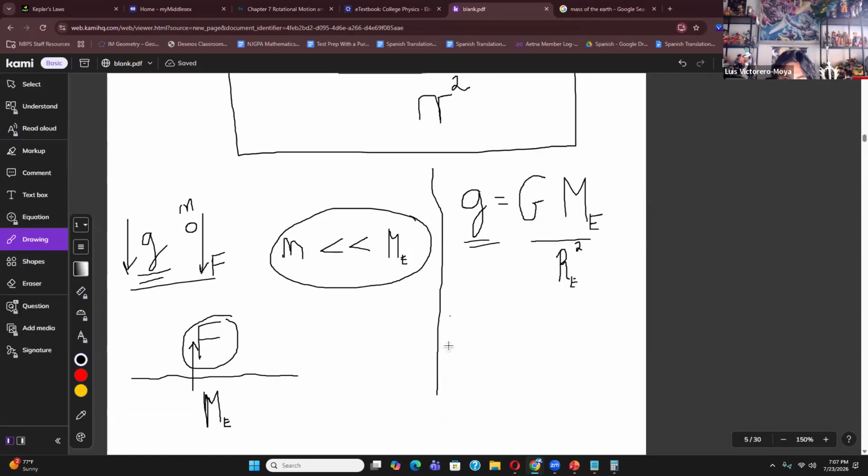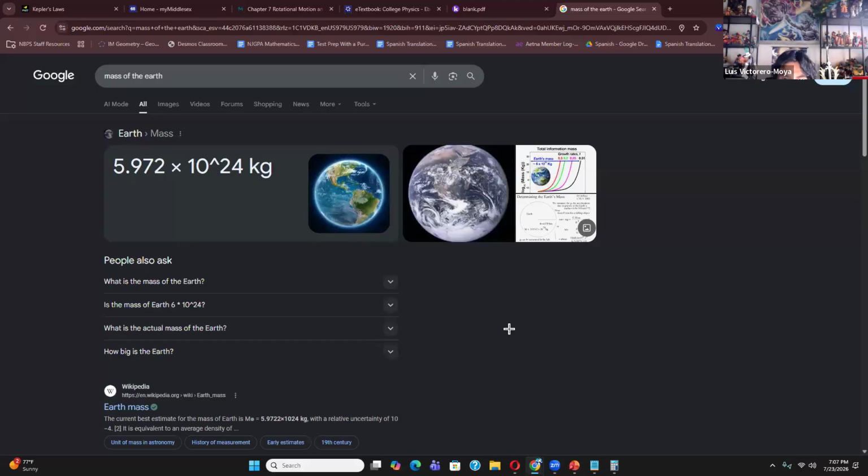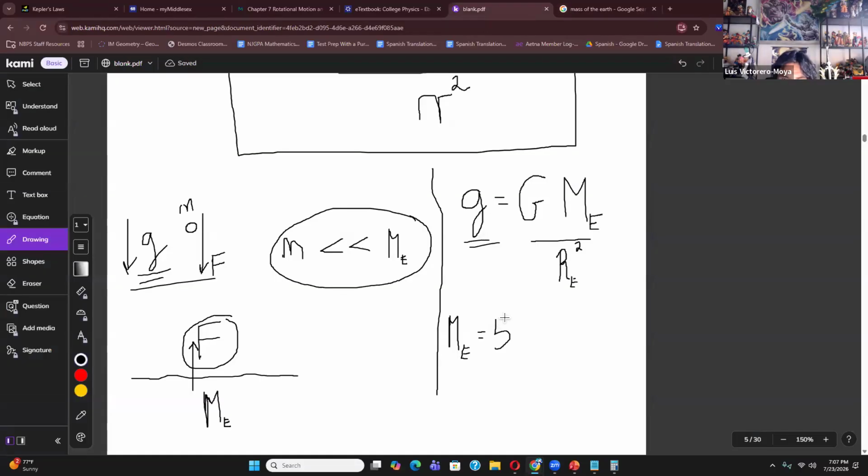So mass of the earth is 5.972 times 10 to the 24 kilograms. The radius of the Earth is about 6,400 kilometers.